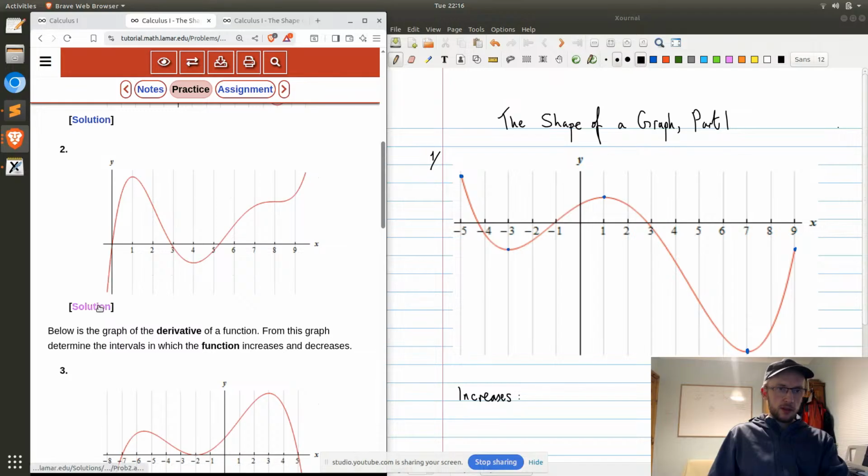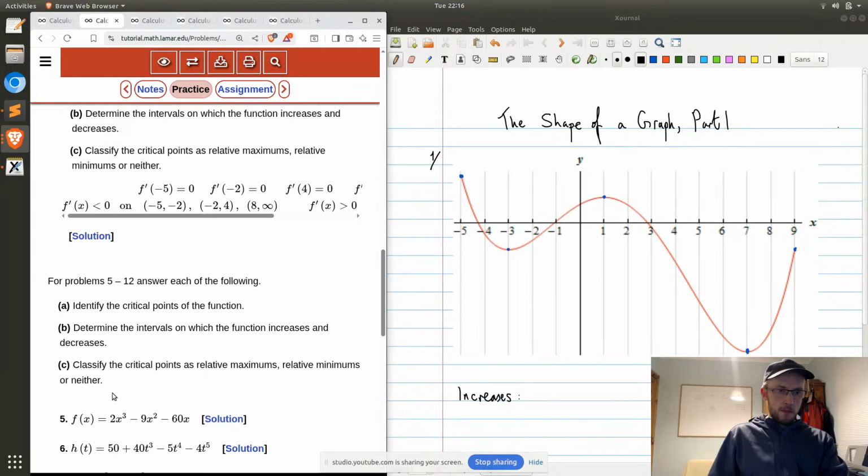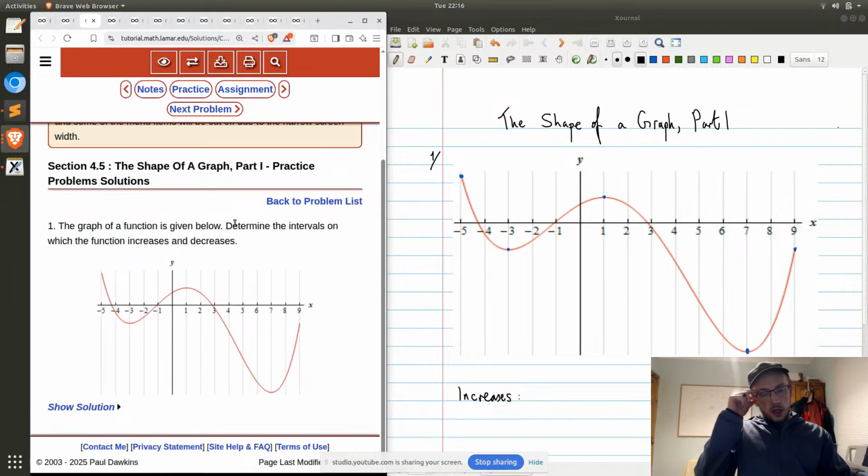We'll open up the solutions now. Well, just the first 10. Okay, so increases.